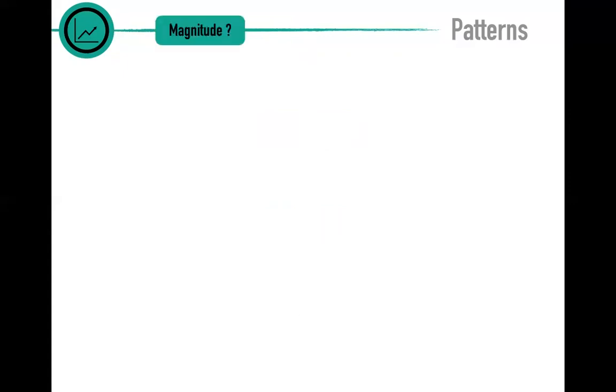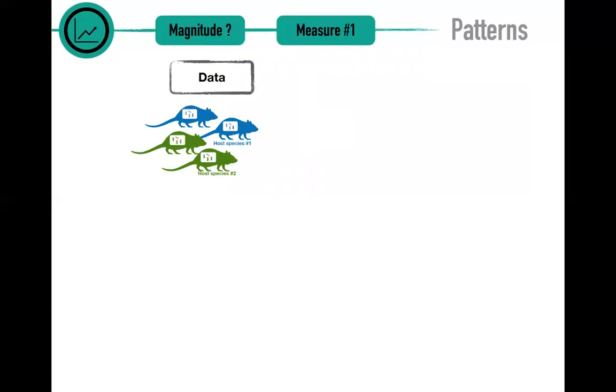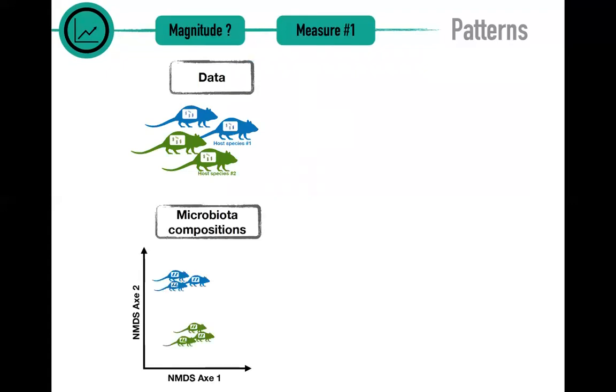To quantify the magnitude of specificity, we need to define a measure or metric. Here I'll take a simple measure of host species specificity, where if there is a lot of specificity, microbiomes from different species are fairly distinct.